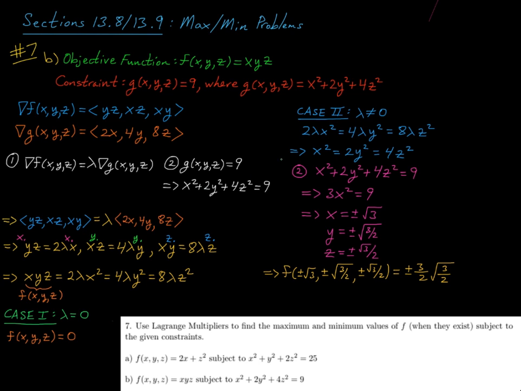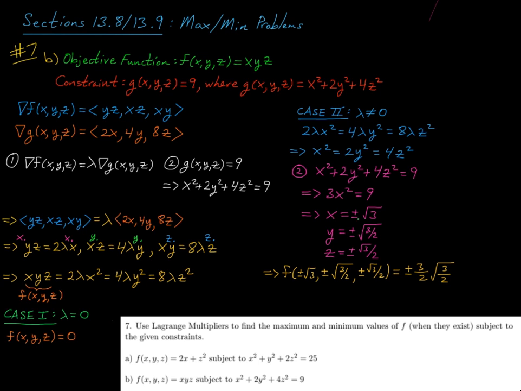Notice here I have x squared plus 2y squared plus 4z squared is equal to 9. But what do I know about 2y squared? It's equal to x squared. And what do I know about 4z squared? It's also equal to x squared. So this left-hand side of the constraint equation is actually x squared plus x squared plus x squared. So I really have 3x squared is equal to 9.